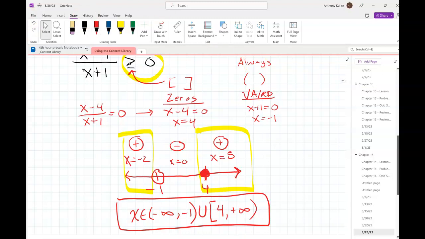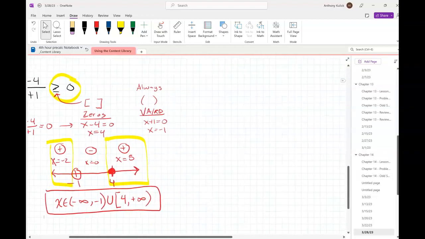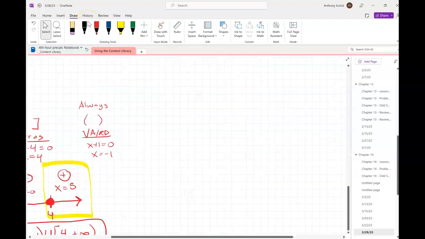What do you guys think so far? It's not so bad, right? Got one more example for you, and then we'll call it done for today.